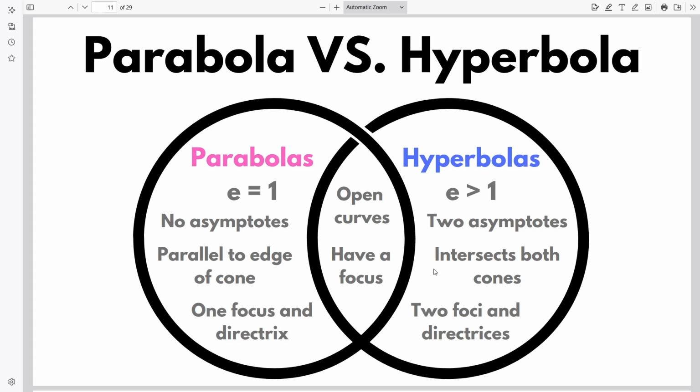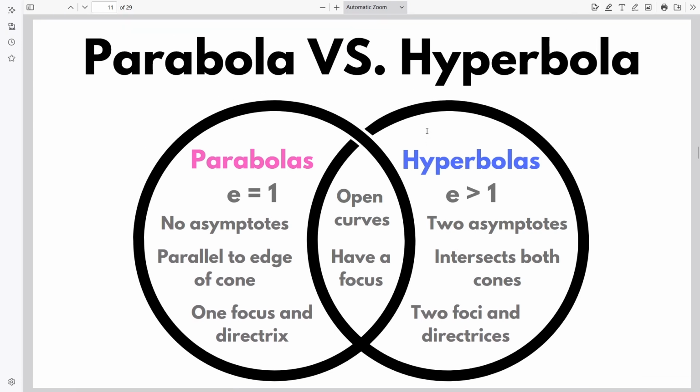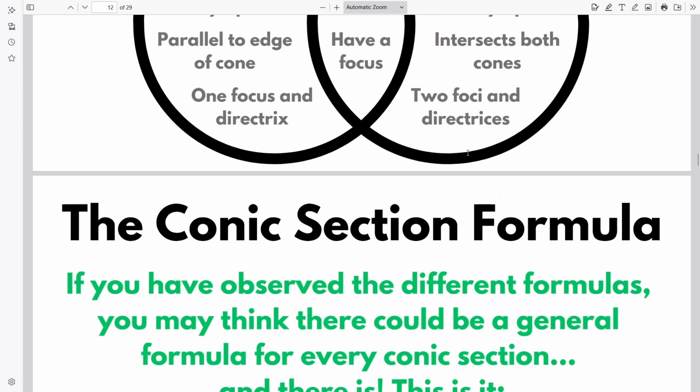Remember, the hyperbola is so steep, it slips into that second cone. A parabola has 1 focus and directrix, while a hyperbola has 2 foci and directrices. Why are they confused? Because they're both open curves and have a focus. Don't get these confused, okay? I'm watching you.